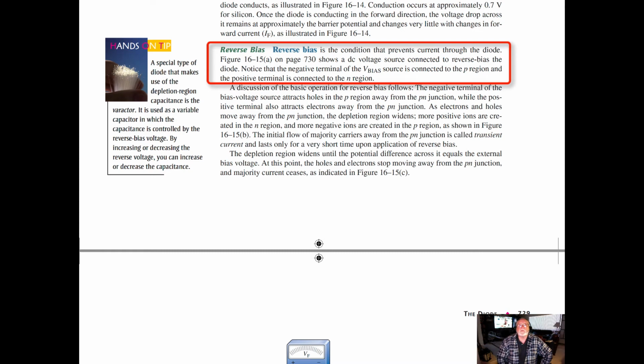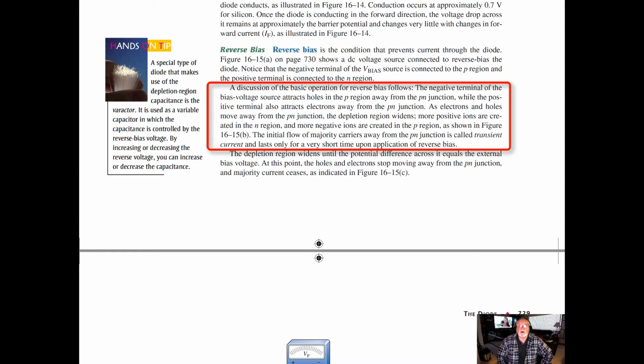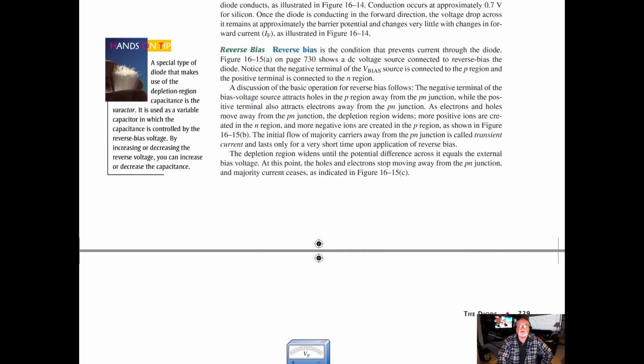A discussion of the basic operation of the reverse bias then follows. The negative terminal of the bias voltage source attracts holes in the P region away from the PN junction, while the positive terminal also attracts electrons away from the PN junction.